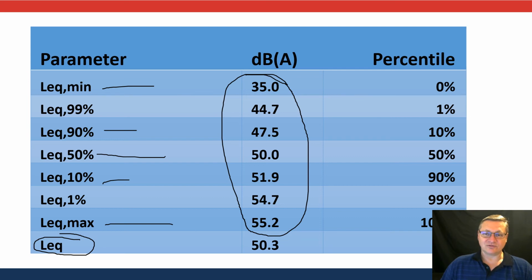But you can imagine that if we had assumed that all of our noise sources were constant, if they were all on when we did our noise modeling, then that is the noise level that we would be reporting. That is the noise level that we would say is going to be received at the noise receiver. Or the other way around is if we had each noise source adjusted for its percentage utilization in terms of energy, then this would be the result that we would say is being predicted at the receiver.